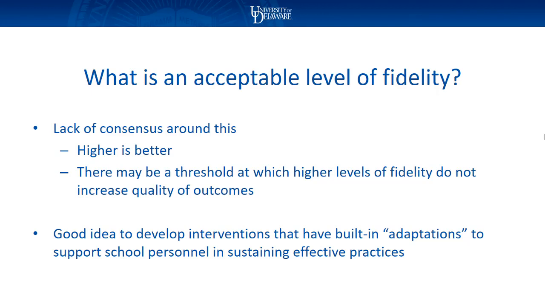So that is, there are certain unchangeable key ingredients, but there may be some that could be adapted or changed based on the teacher's instructional style or just kind of best judgment.